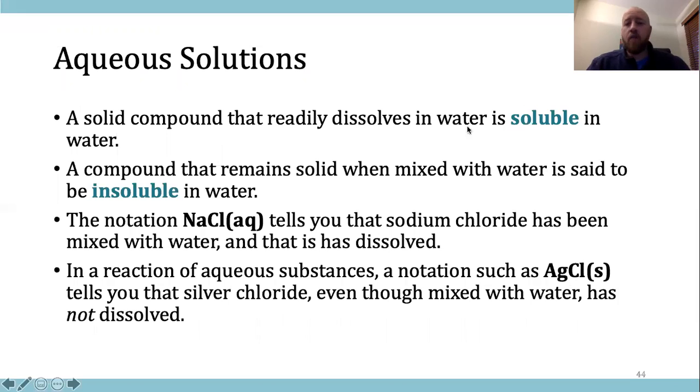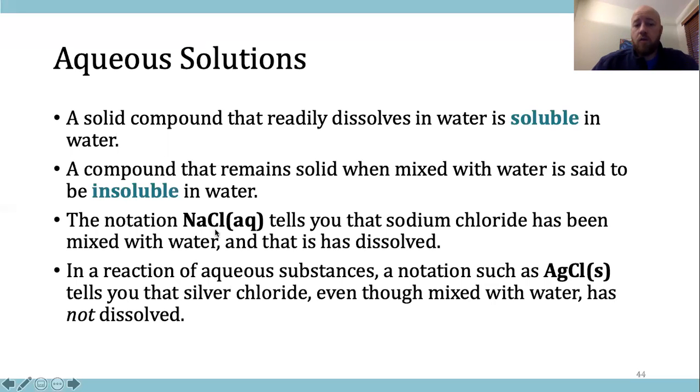So as we deal with aqueous solutions, again, aqueous meaning that things are dissolved in water. Okay, so we're going to be looking at whether or not things are soluble, whether or not they dissolve in water, or whether or not they are insoluble, as in they don't dissolve in water. Okay, so when we see this aq, again, that tells us that it dissolves in water versus something like silver chloride.